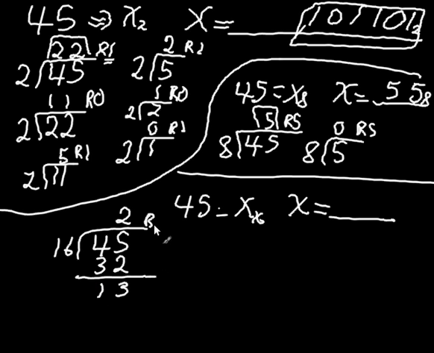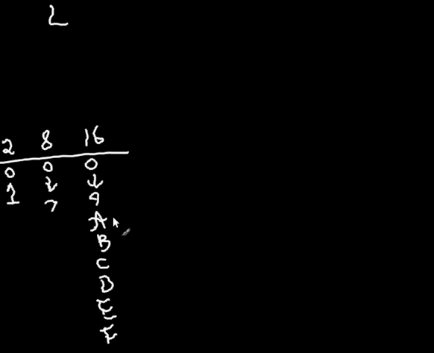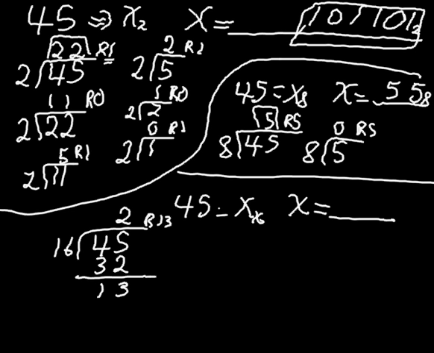So it's 2 remainder 13. However, we can't put 13, because in hexadecimal it is actually D. Because A is 10, B is 11, C is 12, and D is 13. So we put D right there.